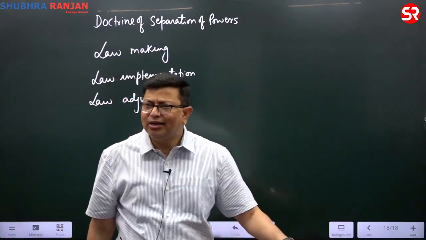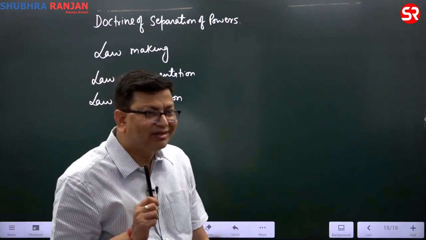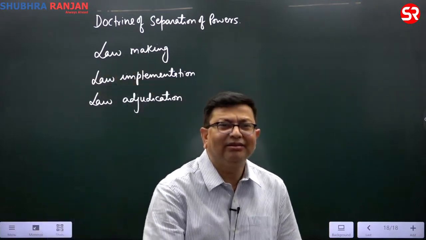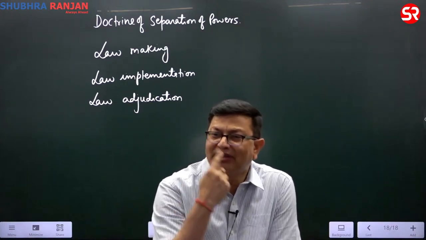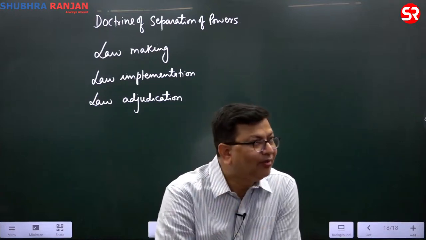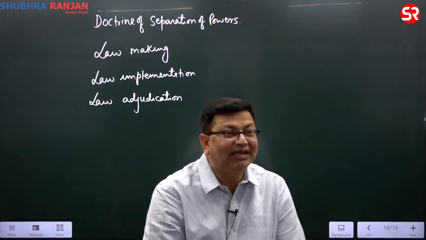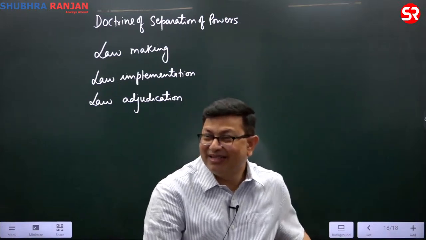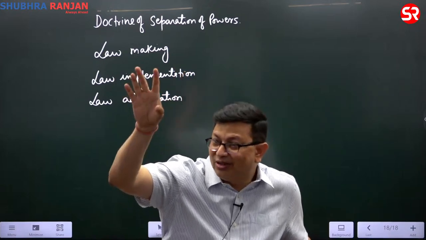During monarchy, what used to happen? All the 3 functions were vested in the king. The king was the sole lawgiver. He was the sole implementer of the law, and he was the sole judge. It was dictatorship, a single person discharging all the functions of the state.